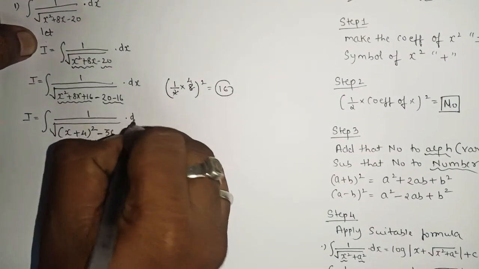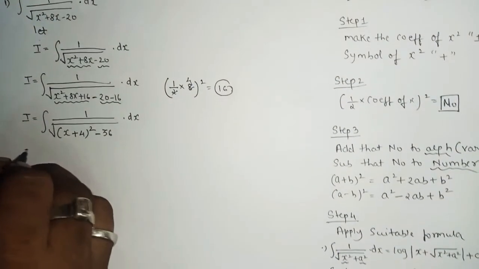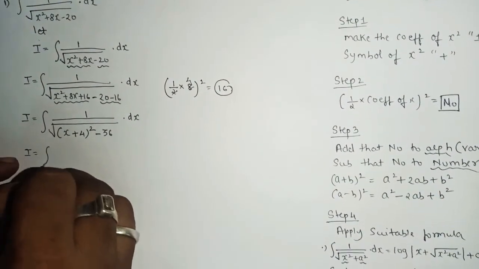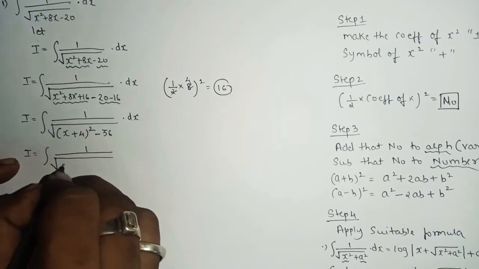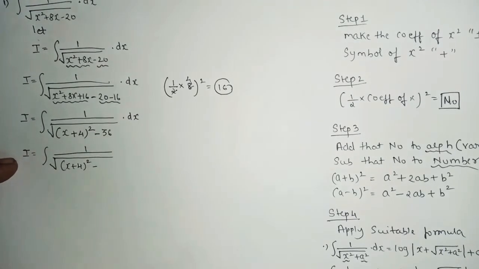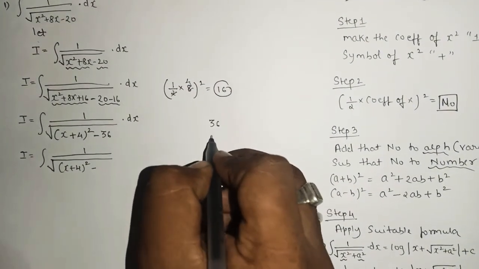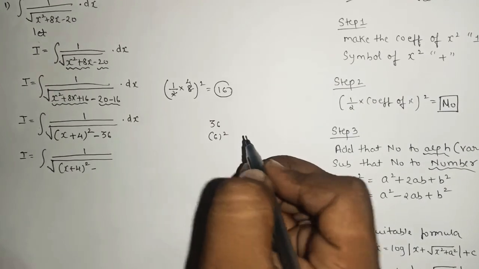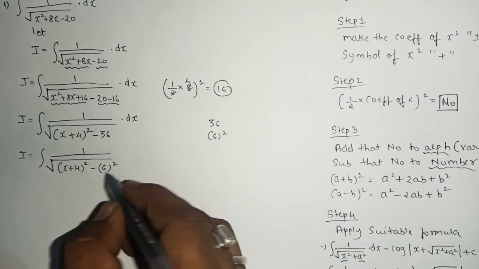Okay, now after this, as we all know what exactly we have to do: as the first part is in whole square form, we have to write the number also in whole square form. So we know that 36 we can write as 6 the whole square, yes or no? 6 square is what, 36.